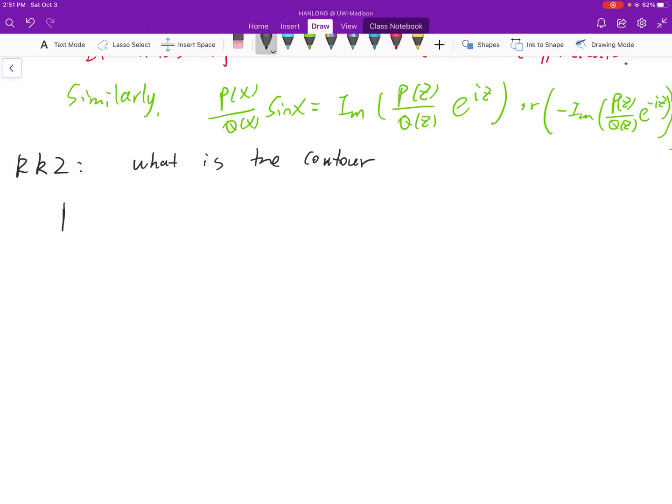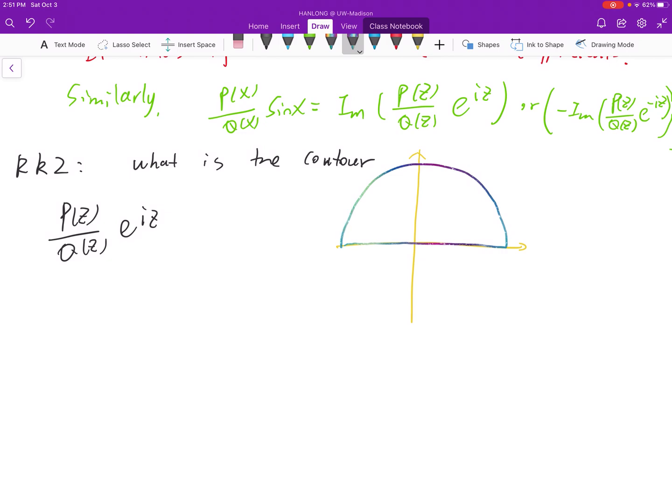According to the function, holomorphic function p over q times exponential i z, we would like to consider the boundary of the upper disk, go this way, and then let r go to infinity.